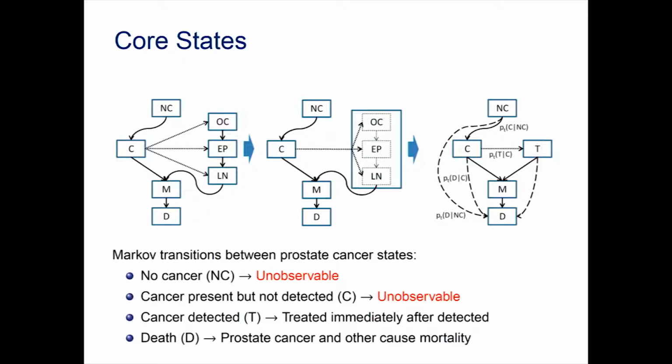So I think you had a question, right? Just clarification. State M stands for what? Yeah, so it stands for metastatic cancer. Somebody could have cancer that is confined, but it could metastasize. And this is a great question because I didn't say this: this is a completely observable state. We assume that at this stage, the symptoms are significant enough that a patient is going to see their doctor.